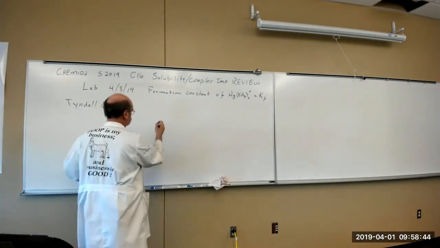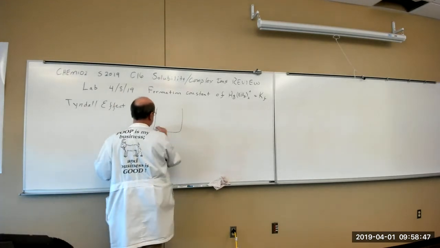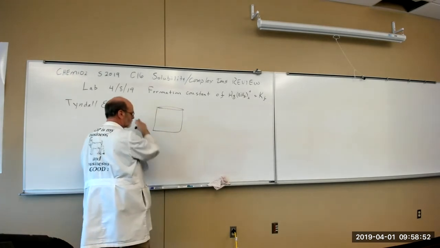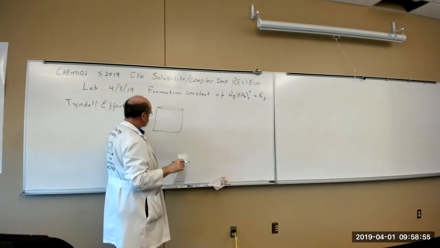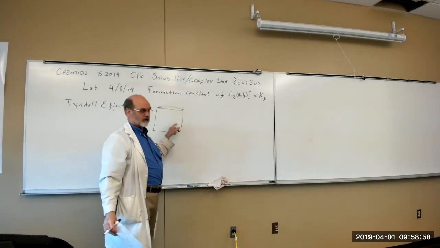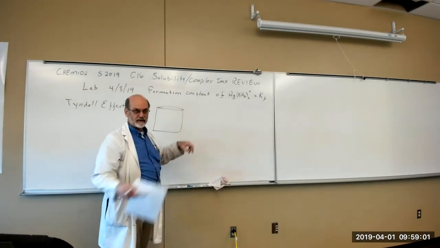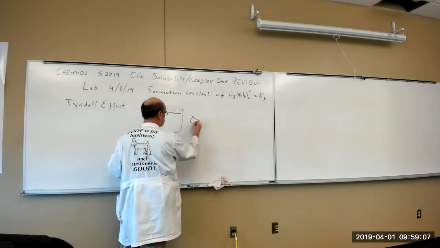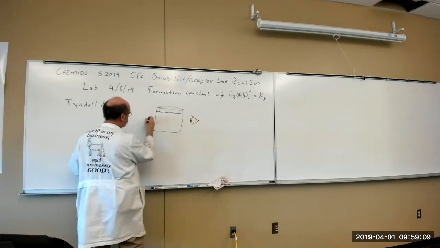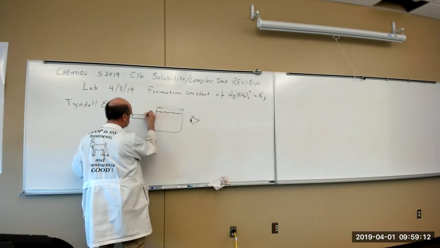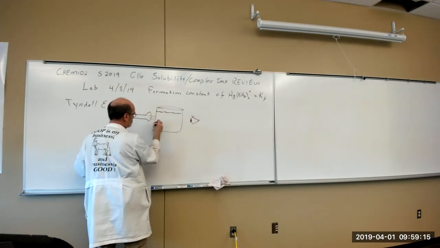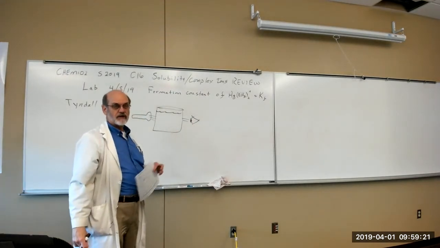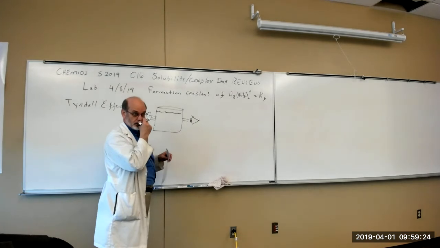The Tyndall effect is you have a beaker, so you can see through it. If there's nothing in it, you shine a light through it, you're not going to see the beam unless there's smoke in there. If there's a solution in there, and you have your flashlight, you're not going to see the beam either, because there's nothing to diffract the light beam.